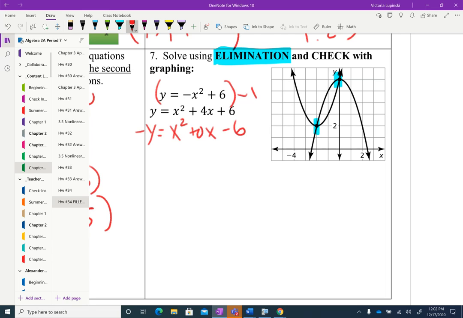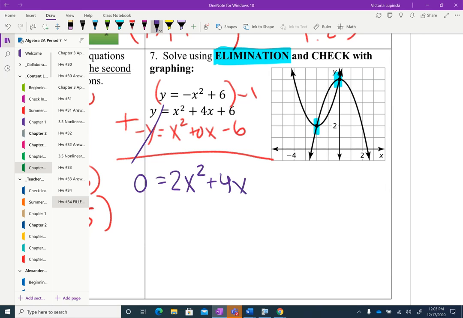Since there is no x, I'm going to do a placeholder, and then I'm going to make that last 6 into a negative. The whole point of elimination is you want one of the variables to eliminate. So as I add these together, notice that the y's cancel to give me a 0. X squared plus x squared is 2x squared. 0x plus 4x is 4x. And then lucky me, the 6 is canceled as well.